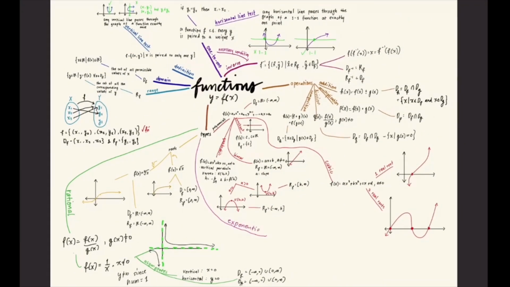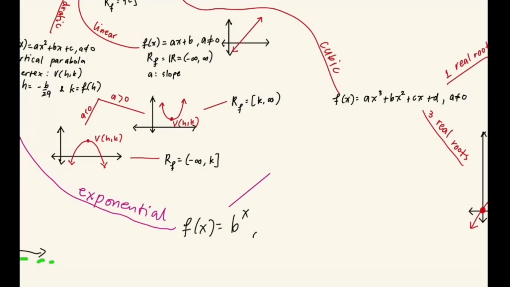Now another type of function is our exponential functions, which is of the form b raised to x. If b is between 0 and 1, our graph would look like this. This is less than 1, so if you raise it to a positive power, the value of b raised to x would get smaller and smaller.